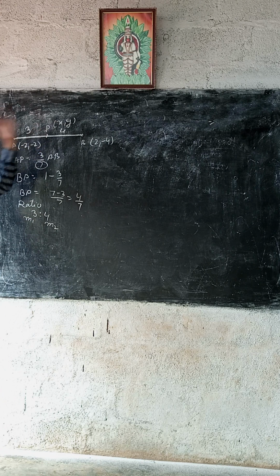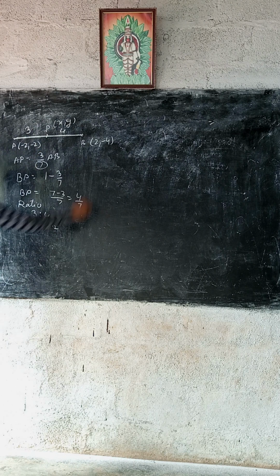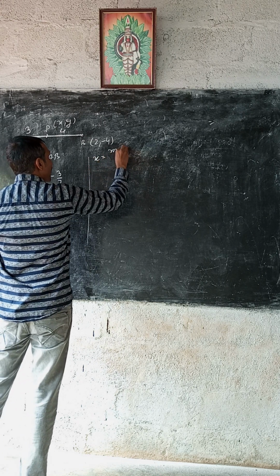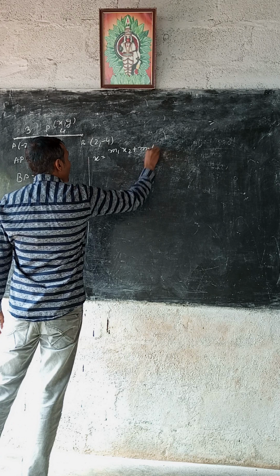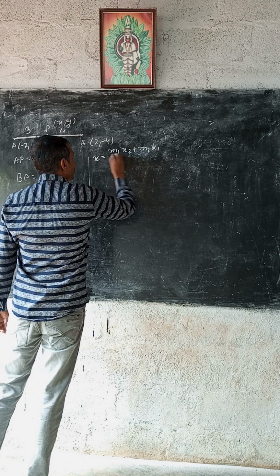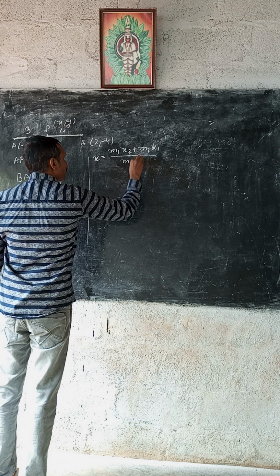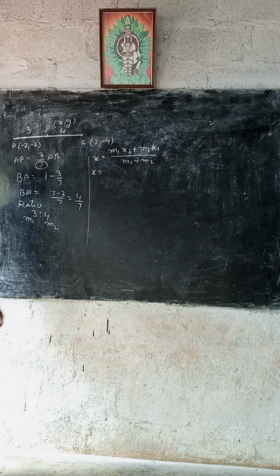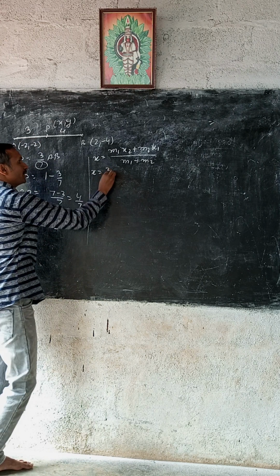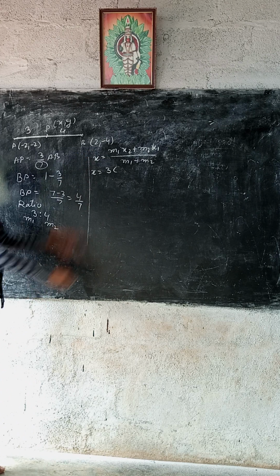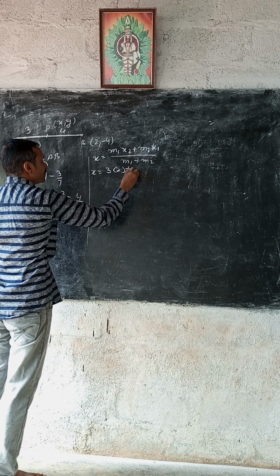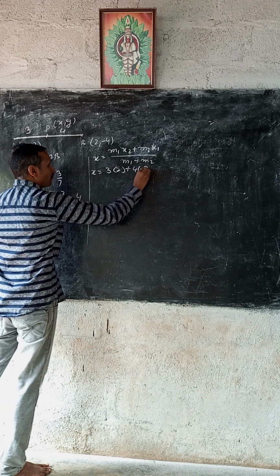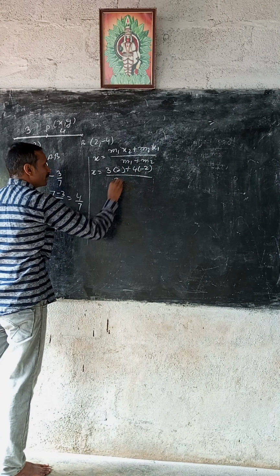Now we are finding the coordinates of point P. First, by the section formula, x is equal to (m1 x2 plus m2 x1) by (m1 plus m2). So x is equal to 3 into the x2 value, which is 2, plus m2, which is 4, into the x1 value, which is minus 2, by 3 plus 4.